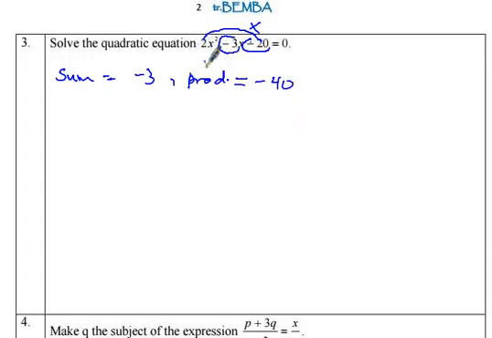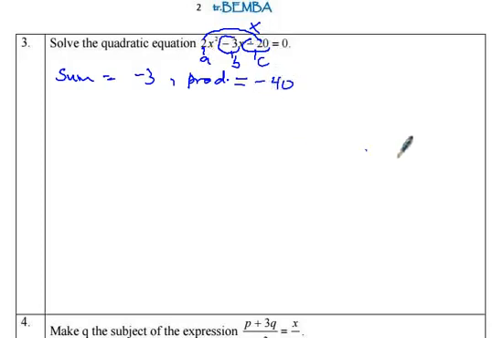Is that okay? Okay. Remember, in a quadratic equation, this is A, this is B, and this is C. So the B gives us the sum, negative 3. The product, why we call it the product? Because we multiply the coefficient of x squared, A, times the constant here to get this.